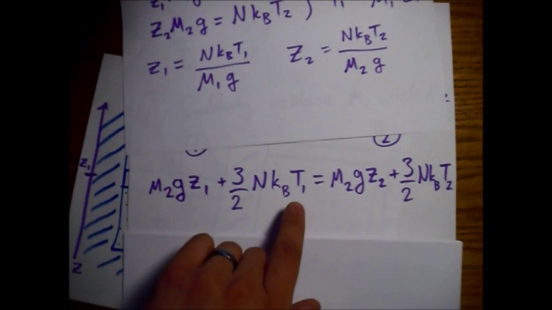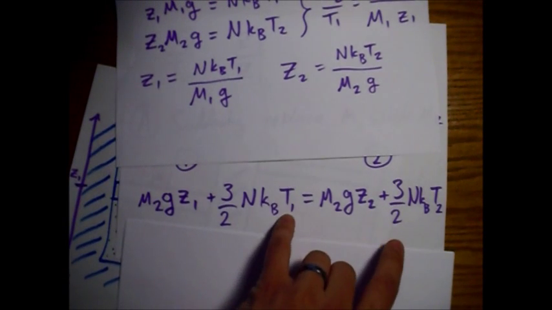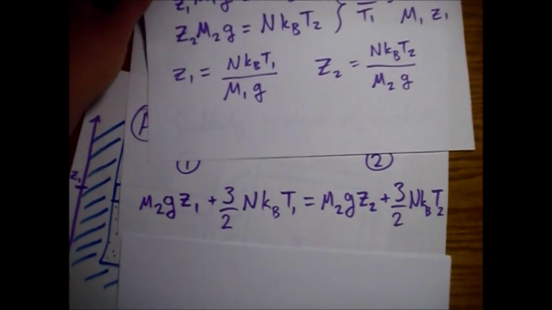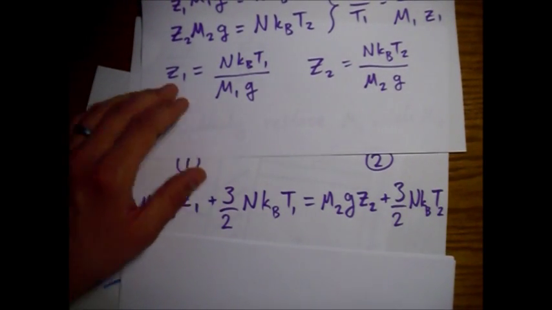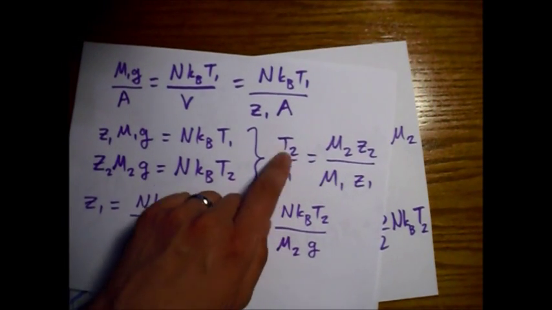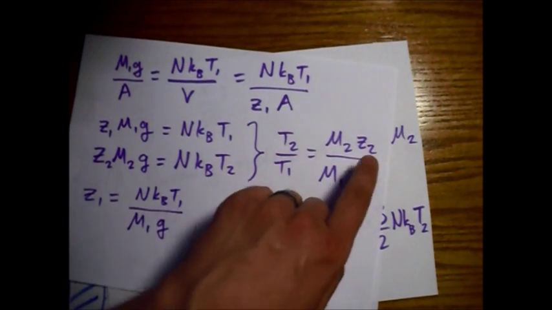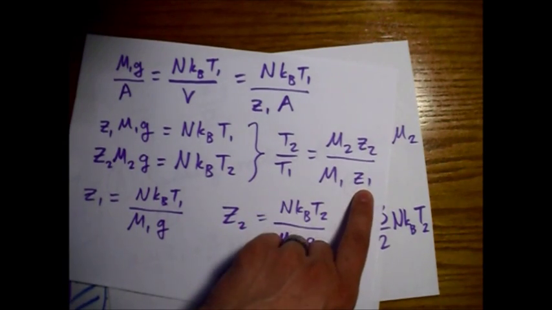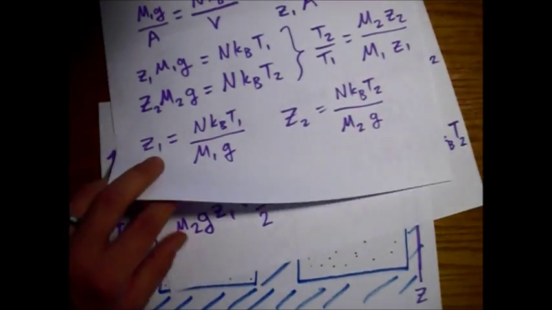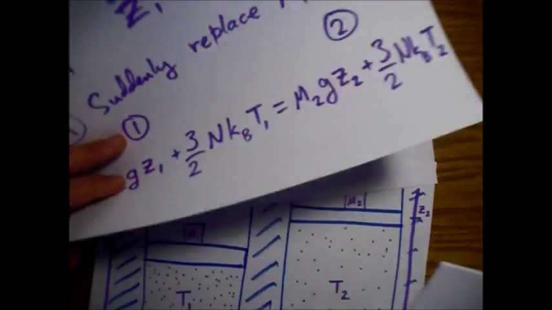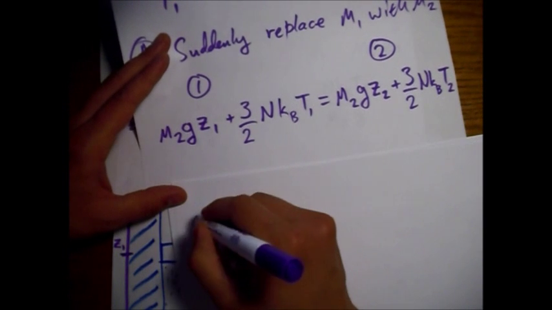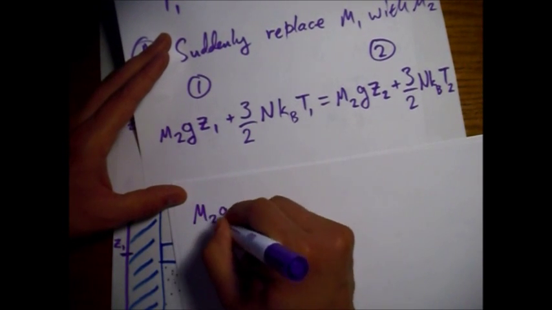The first thing we're going to do is solve for this ratio of T2 divided by T1. Once we know that ratio, we already have Z2 over Z1 expressed in terms of it. So I'm going to write this M2G.